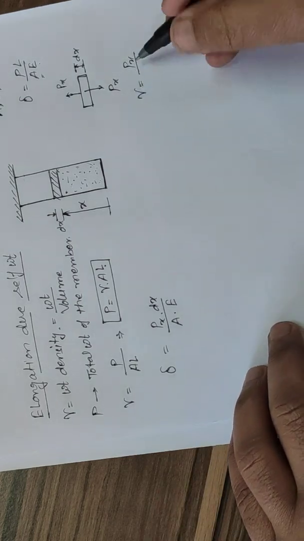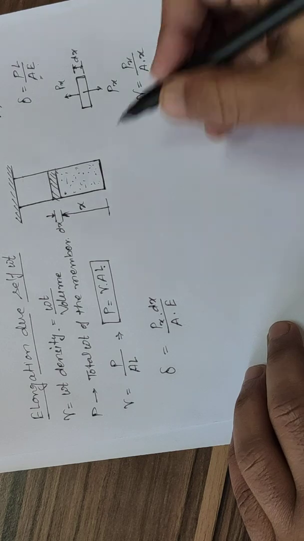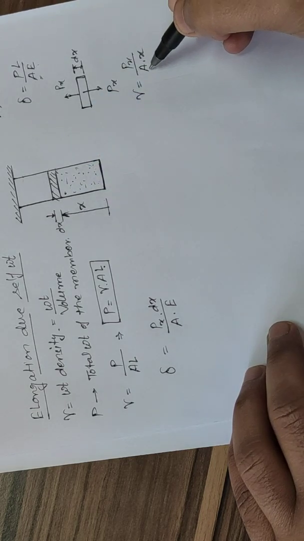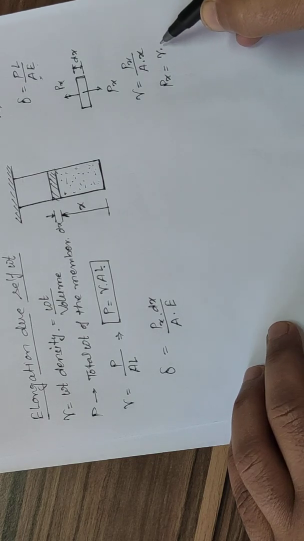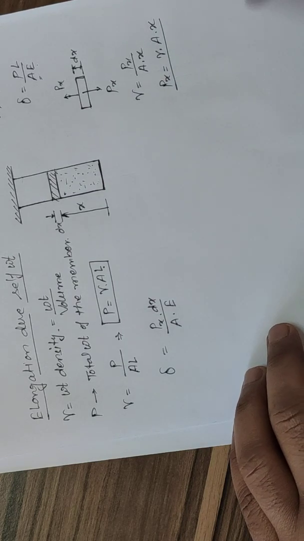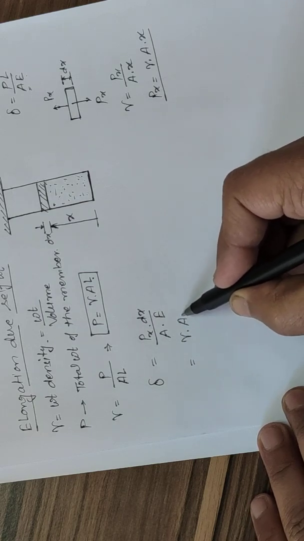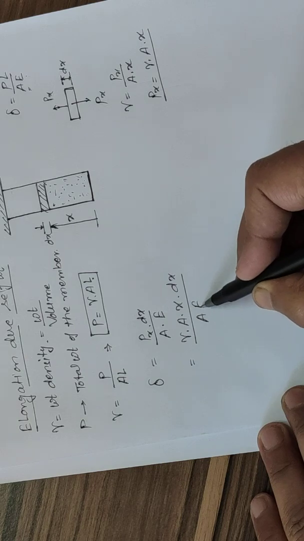Volume will be equal to A into the length, and since we have taken the strip at a distance x, it becomes Px divided by A into x. So we can calculate Px from here: Px will be equal to gamma into A into x. So we put P equal to gamma into A into x into dx divided by A into E.